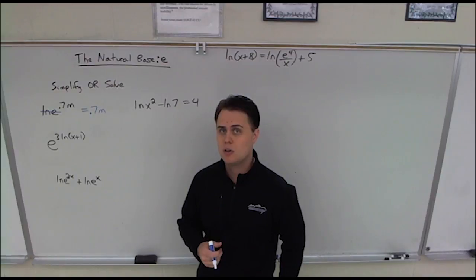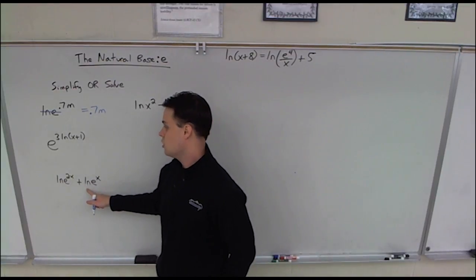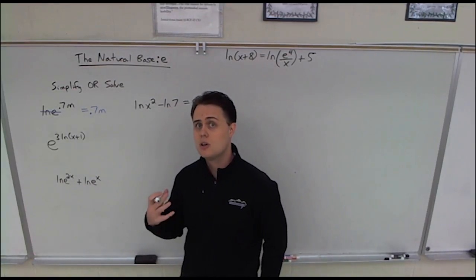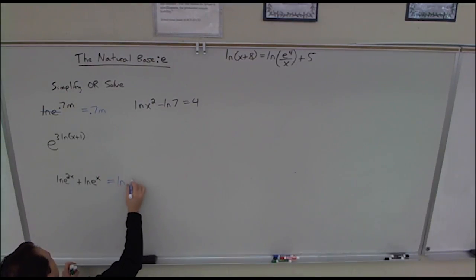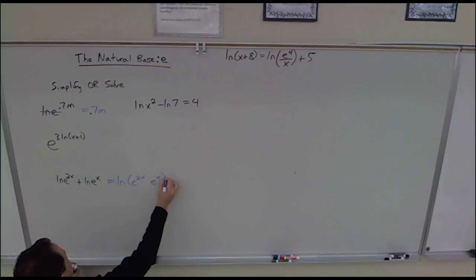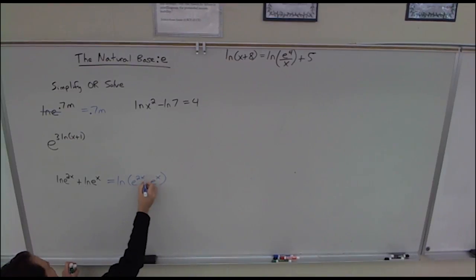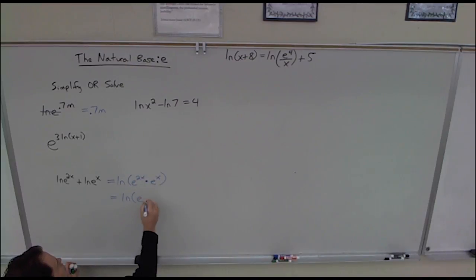You also might recall that if you have one logarithm plus another logarithm and they have the same base, you can write that as one single logarithm using a log property, where you put e to the 2x and e to the x inside, and plus becomes multiplication. So that's the natural log of e. These have the same base. When you have the same base, algebra says powers add.